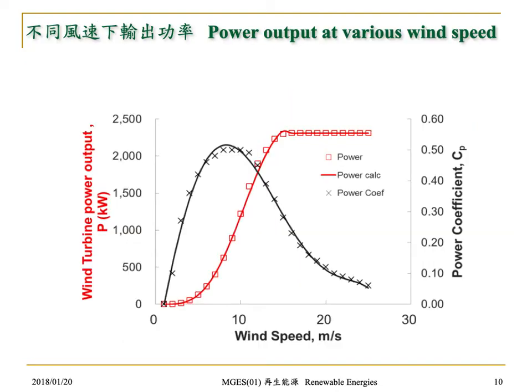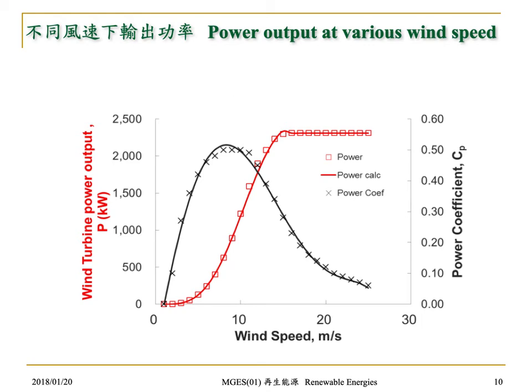But in reality, there's a conversion efficiency. So we have a power coefficient on this diagram on the right-hand side y-axis. You can see the power coefficient, the black curve, represents the power coefficient at different wind speeds. And the red curve represents the wind turbine power output.